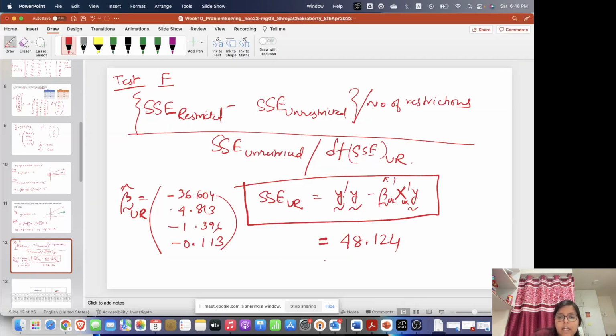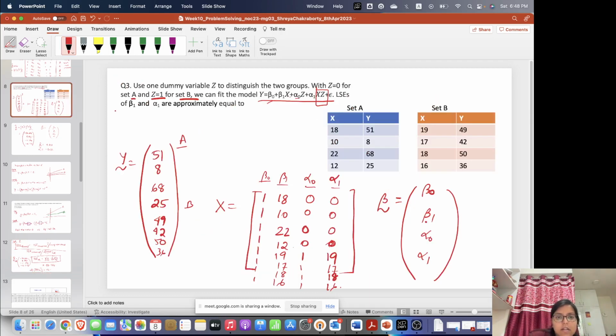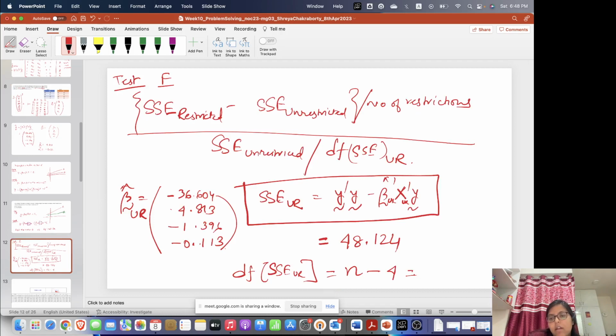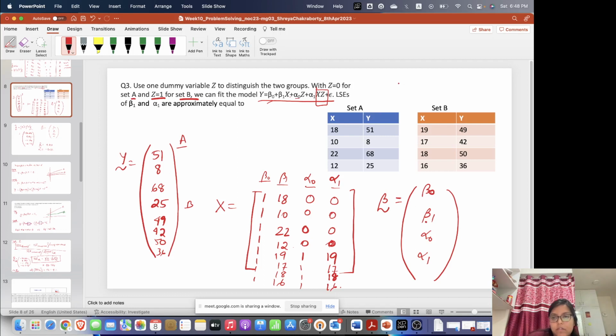Now we have to find out the degrees of freedom of this sum of squares error from the full model. That would be n minus the number of parameters that we are estimating in the unrestricted model. So here we have 1, 2, 3, 4 unknown parameters that we have estimated. And here we have n equal to 8 observations, 4 from here, 4 from here.